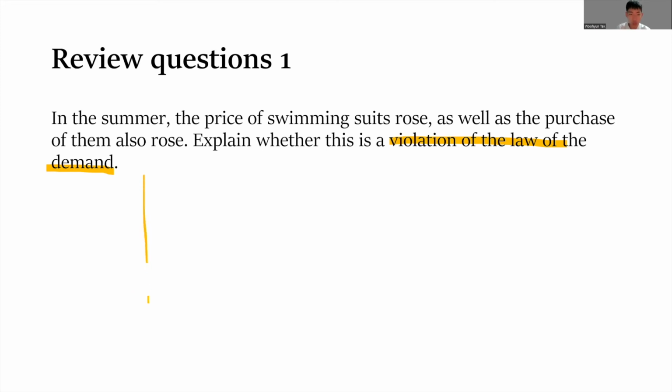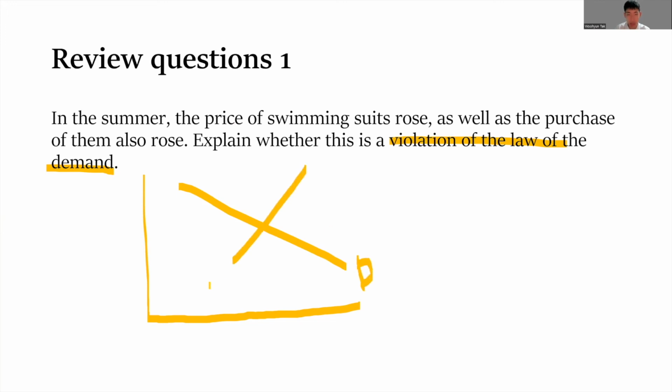However, we should bring in the concept of a shift of demand. In summer, this is the demand curve and this is the supply curve, this is quantity and this is price. In summer, the preference for swimsuits rises, therefore the demand curve itself shifts to the right. Then the market equilibrium moves to this new one.